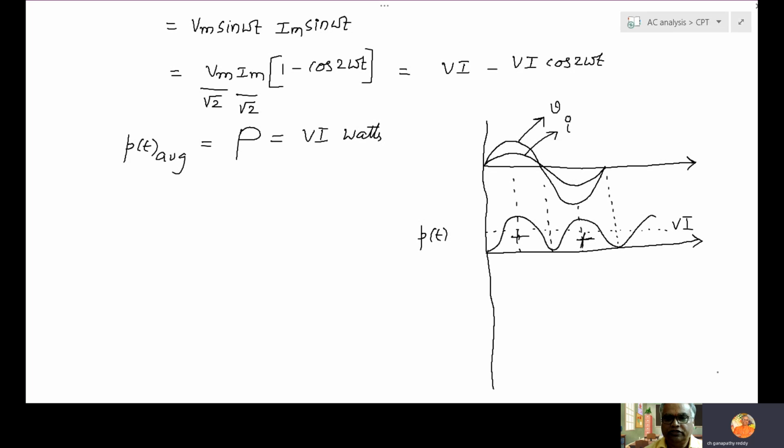But what about energy, the integration of positive power? It keeps increasing, again always positive, no? So it will go like this. It will increase like an umbrella shape, reverse umbrella shape, again umbrella shape.